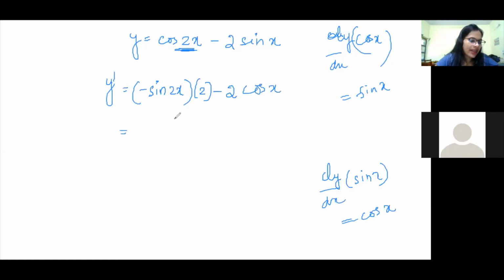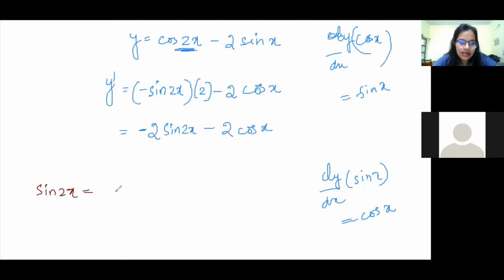So what is the final answer over here? You have got minus 2 sin 2x minus 2 cos x. Is it clear? Now, one more formula you have to remember: sin 2x can be written as 2 sin x cos x.